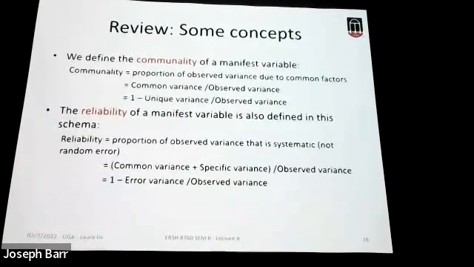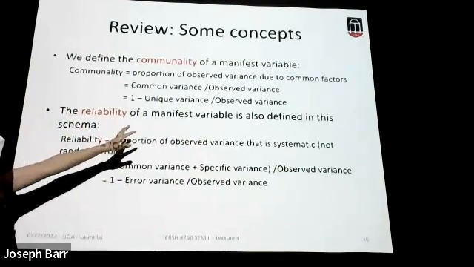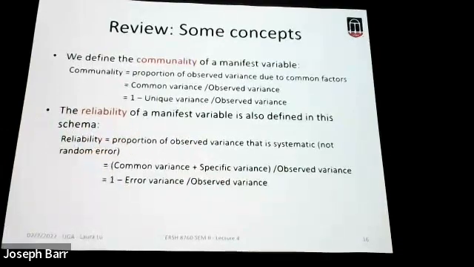Now, let me talk about the communality again. Last week, when we talked about the decomposition of the variance, I showed you a really large bar. We have a total variance, the common variance due to common factors, and the unique variance.